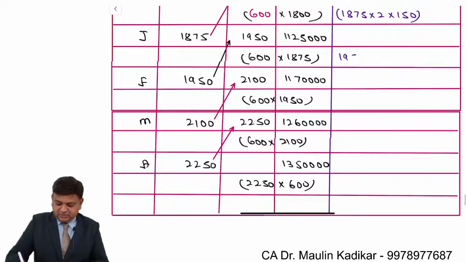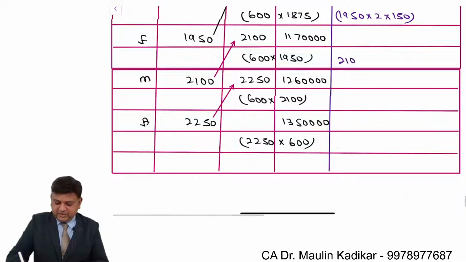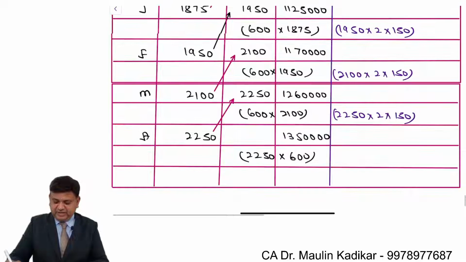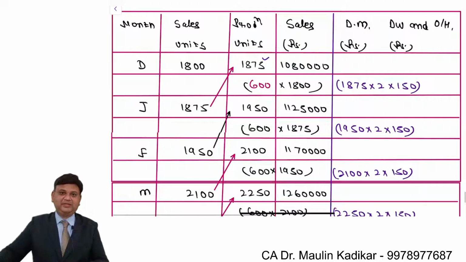Then 1950 into 2 into 150. 2100 into 2 into 150. 2250 into 2 into 150. That is the way we will have the cost of the direct material.